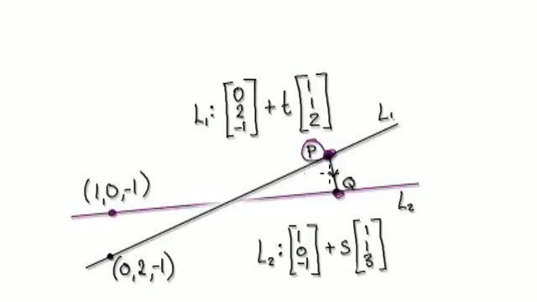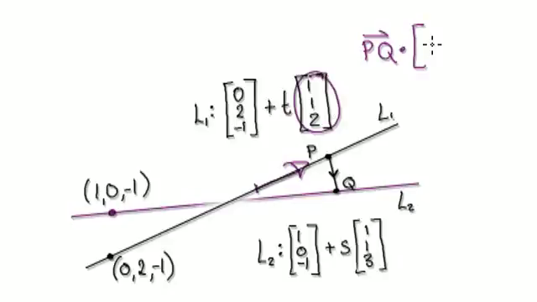And the shortest distance exists when this is 90 degrees. So the shortest distance that exists between two lines is when the vector from P to Q dots with this direction here to give 0.